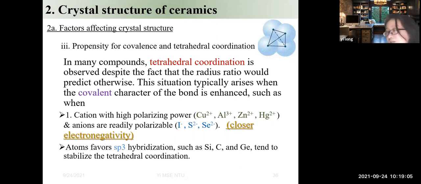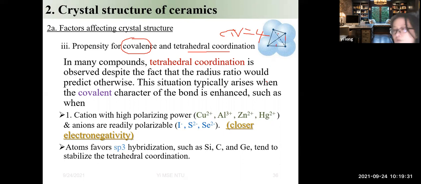When it is more covalent, propensity for covalency means that if the ceramic bonding is more covalent, you're actually going to get what we call a tetrahedral coordination, which means the coordination number equals 4, because tetrahedral means you're going to have 4 planes.